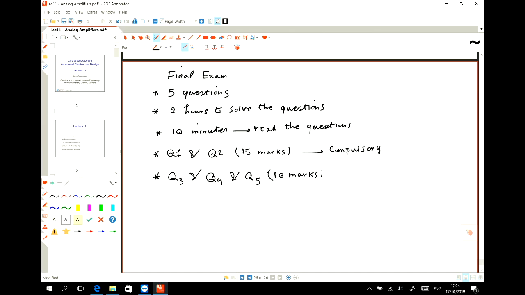So the last one I will not consider. I mean, don't solve all 3, get 20 out of that and say, okay, it's done. Okay? So it's optional, only answer 2 of them.